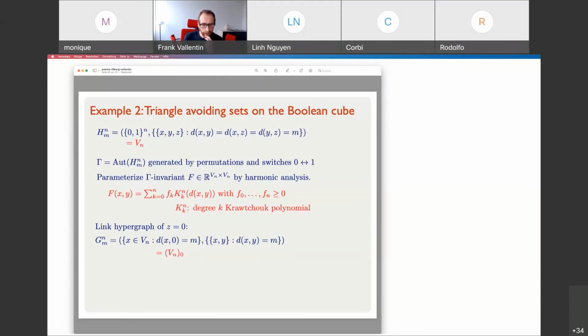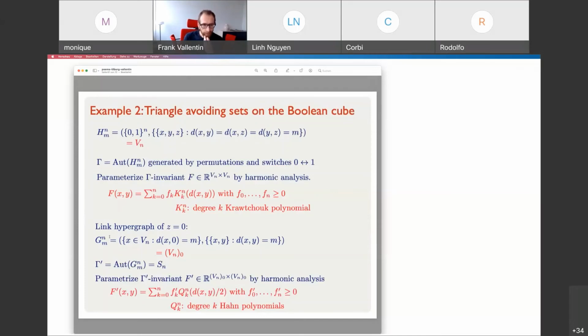And we have an edge between those if and only if the Hamming distance is equal to m. Yeah, so for people who know association schemes, behind the hypergraph we have the Hamming scheme, and behind the link hypergraph, we have the Johnson scheme.